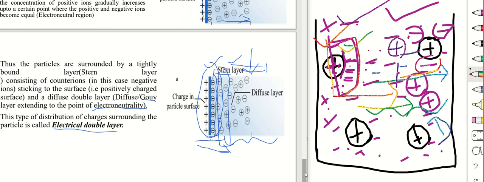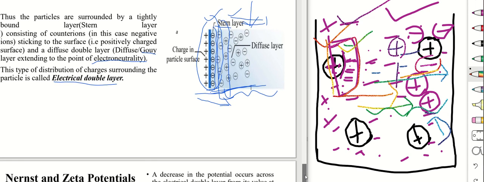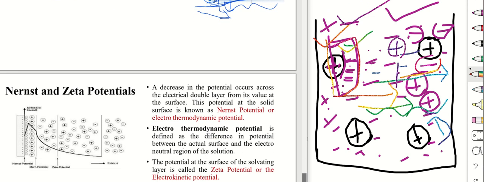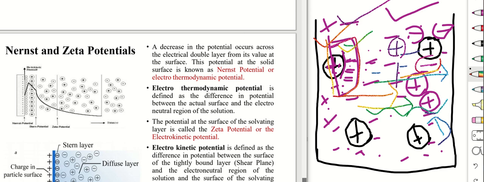The potential barrier should be lessened so that the particles come closer to form floccules. They should not form tightly bound aggregates, rather they should form loosely packed ones. This is the most important concept.